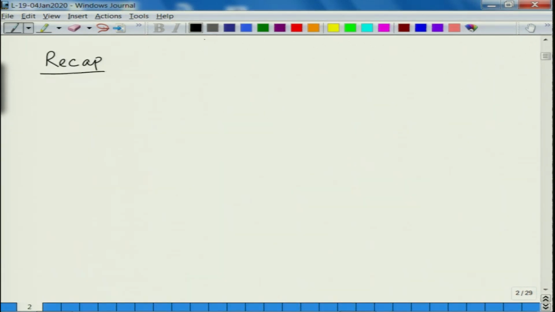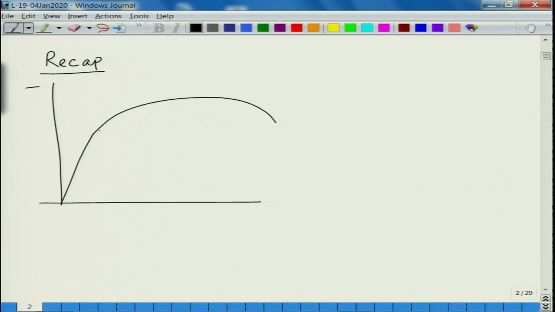So, if we do a brief recap, we saw in the last class the stress strain curve, and we saw what happens. Basically we have been talking about it for a few lectures, and this is the engineering stress strain curve.